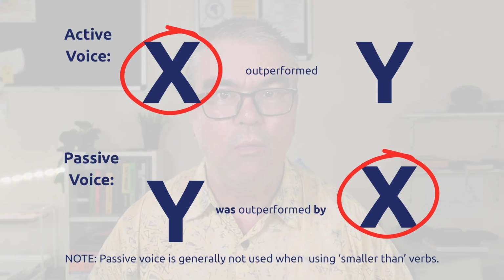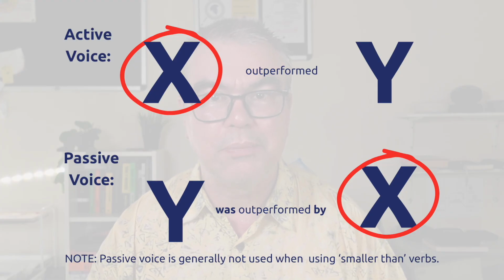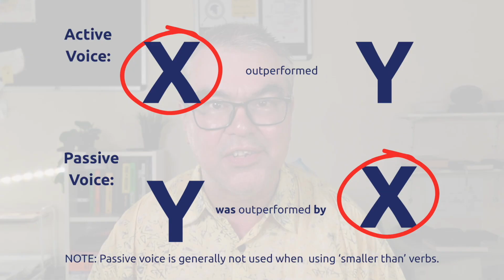So it would be Y was outperformed by X. And this is what I mean by focus. You can see that in our active voice statement, the focus is on variable X. And then when we put it into the passive voice, our focus changes to the other variable, that is variable Y. So just be very clear about what variable you want to focus on.